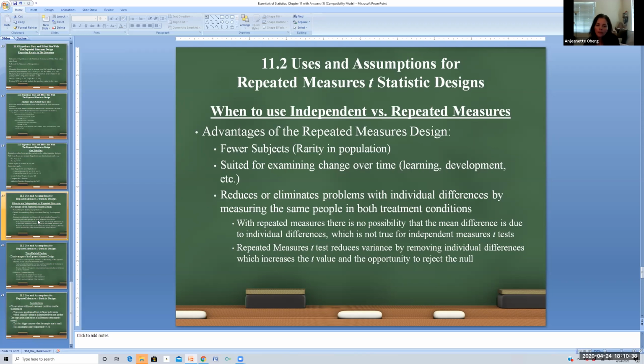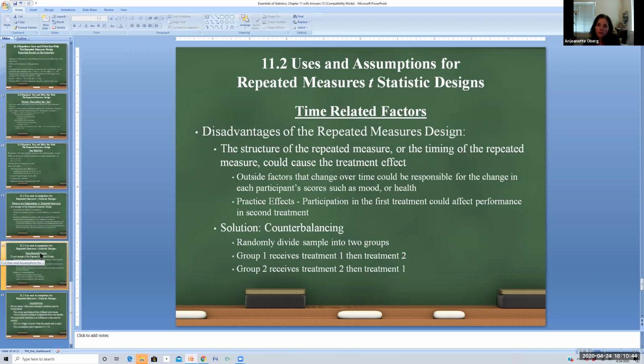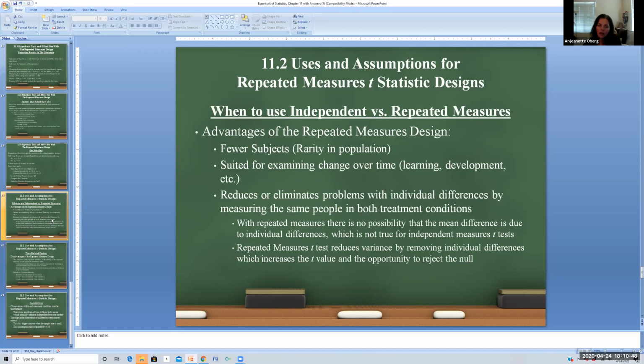And then just walking you through, when do we use an independent versus a repeated measures design? It all comes down to looking at the group, knowing that they both have pros and cons. Is it different people in each group? That's independent measures.